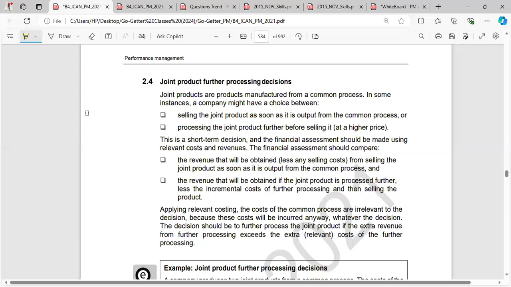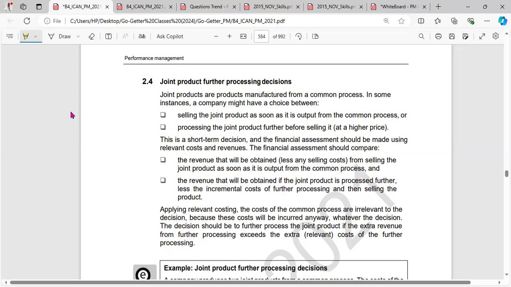The relevant costs and relevant revenues should be considered. The financial assessment should compare the revenue that will be obtained from selling the joint product as soon as it comes out, less the cost. That's one. You have to compare that with, if you are going to process it further, the incremental cost versus the selling price.